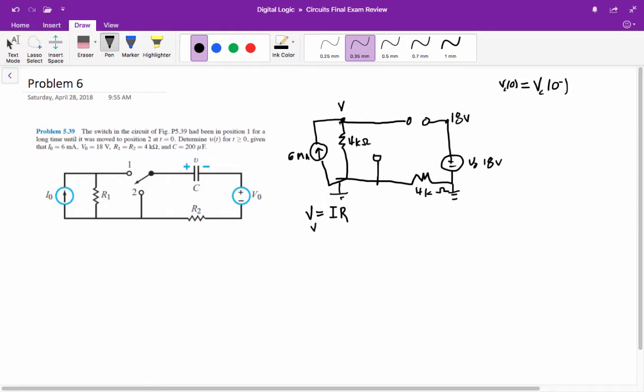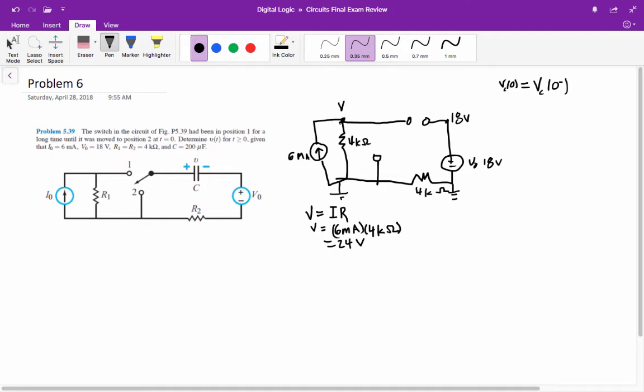we have our current, which is 6 milliamps, and our resistance is 4 kiloohms. A milli times a kilo just cancels out, and we get 24 volts.